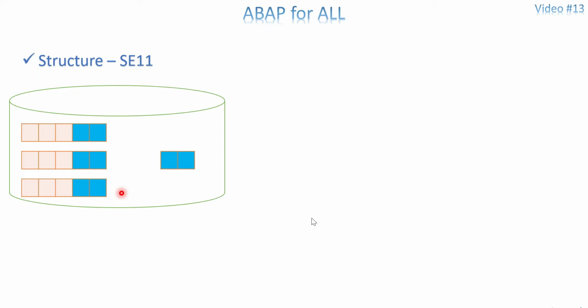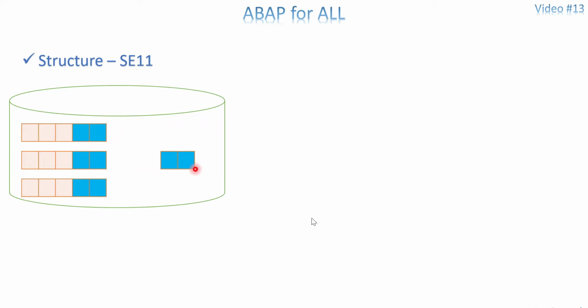You might be aware that some fields are repeated in every table. You can keep those fields as a collection of fields in a structure, and wherever the same fields are used in different tables, you can include that structure in the particular table. That is also one of the concepts of using a structure.